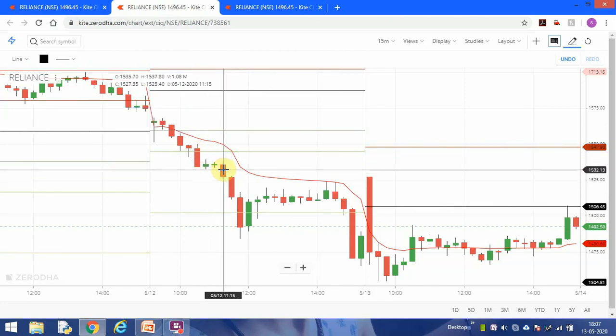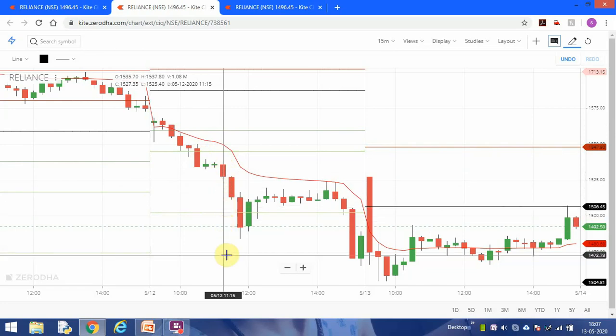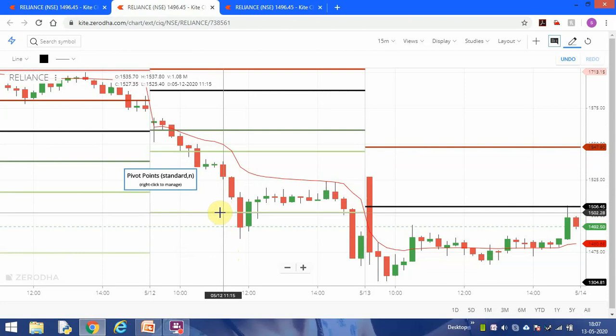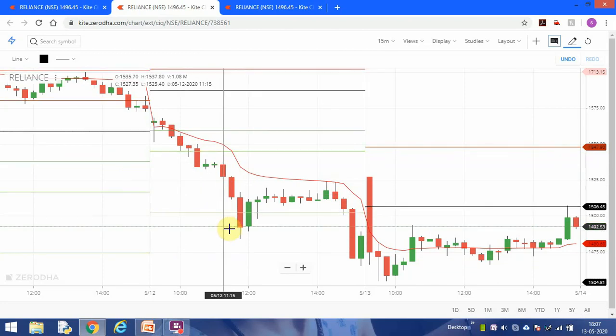There is no trend reversal candle. Then you see it is again down. After support 1, you see there is a small line, it is support 2, and it has broken support 2 also. So you can continue. Again there is a bearish candle, no exit has been shown, so you continue with the trade.